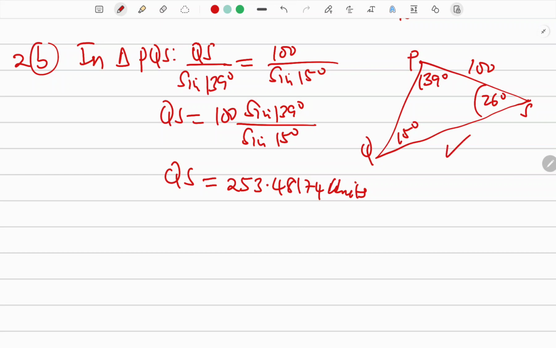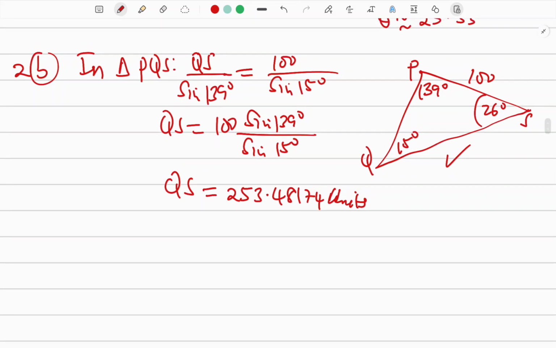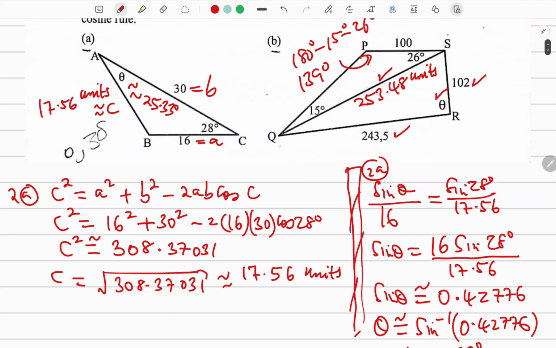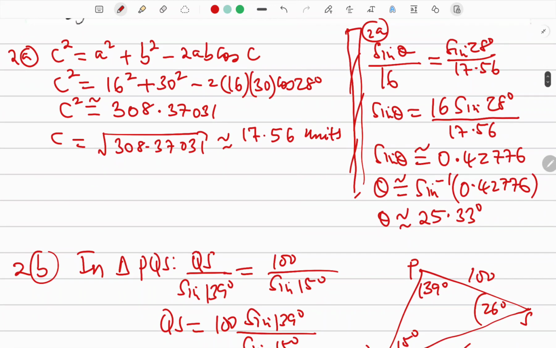After we found the length of QS, which is 253.48 units, it remains to find the angle theta. So we're going to work in triangle QSR.